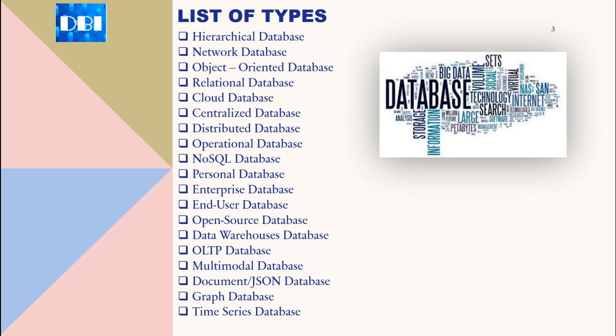List of types. Hierarchical database. Network database. Object-oriented database. Relational database. Cloud database. Centralized database. Distributed database. Operational database. NoSQL database.